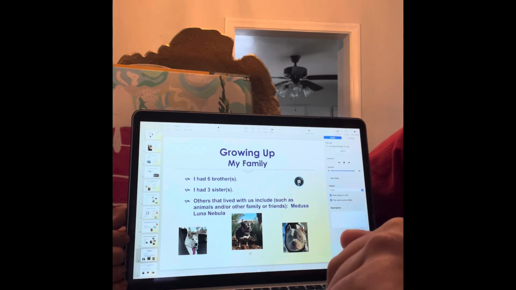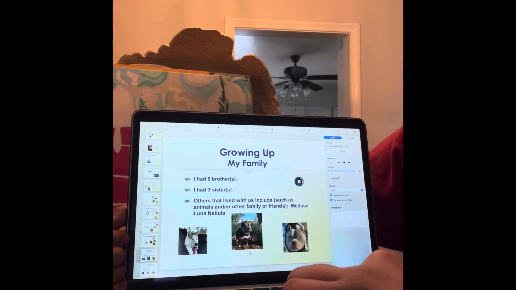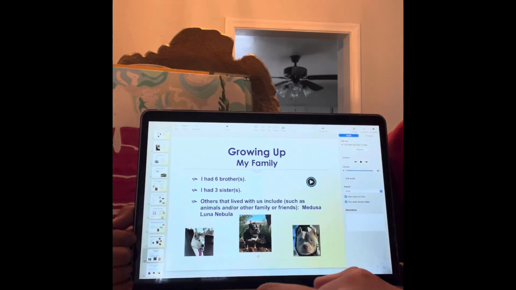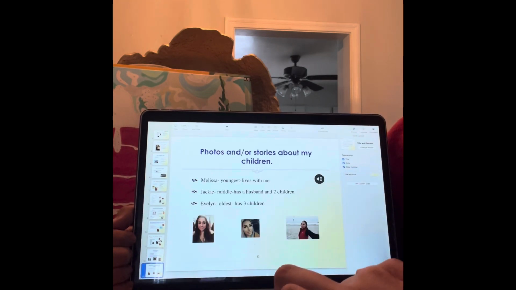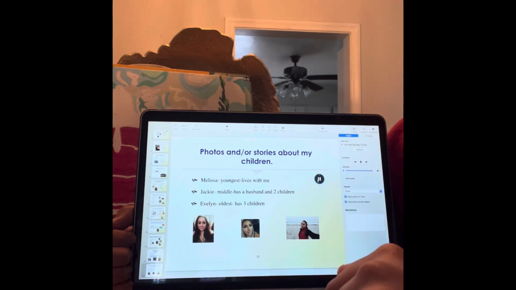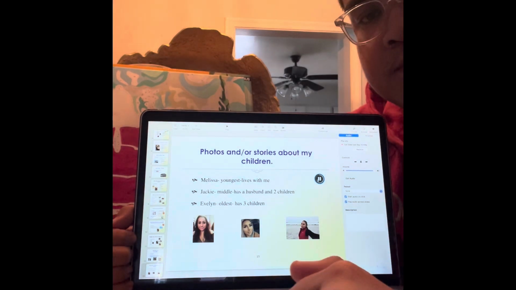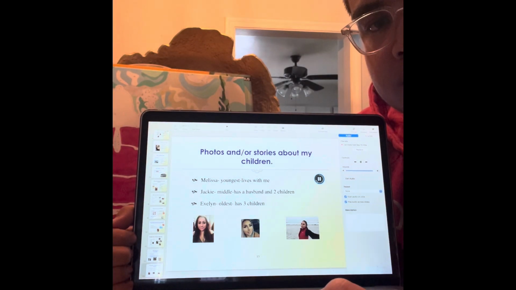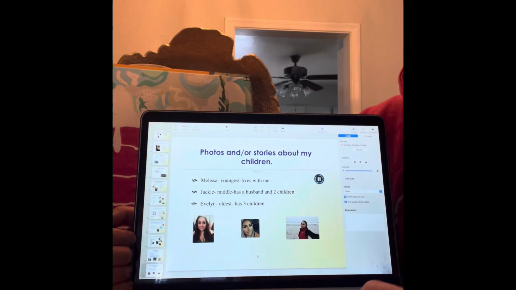Growing up, I have lots of sisters and brothers, but my favorite is my dogs. Here are my 3 dogs. I have 3 children. The oldest has 2 children, and then the youngest lives with me.